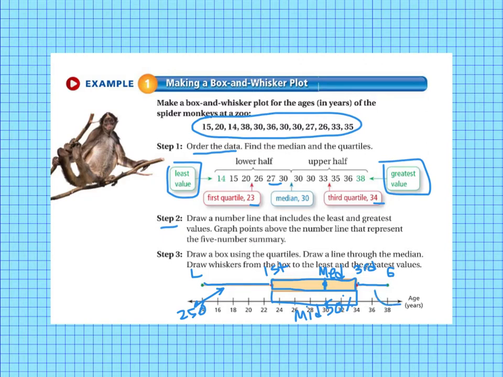And this last part is your greatest 25% of the data. It's your highest 25% of the data. So you can see just from looking at this graph that most of our data is toward the right-hand side or toward the higher end of our graph.